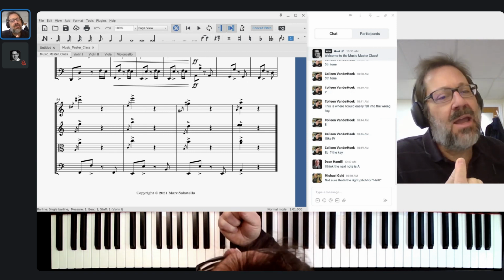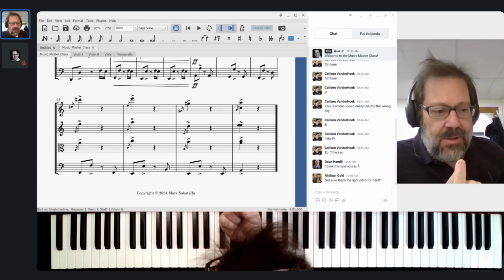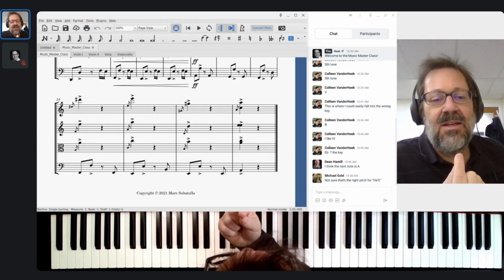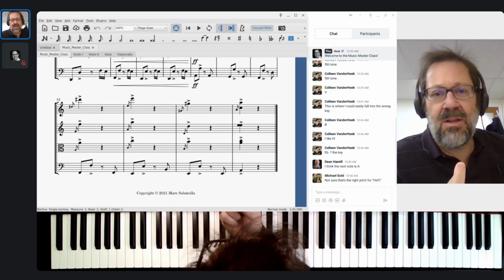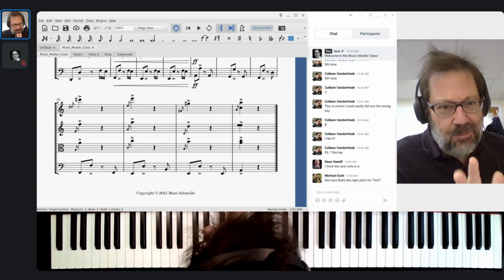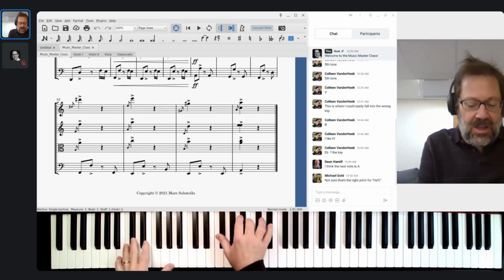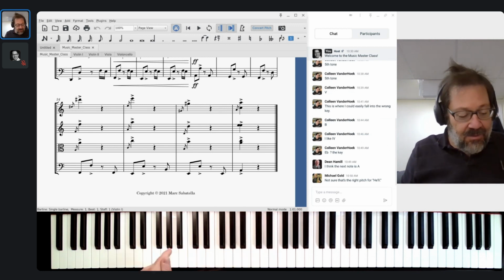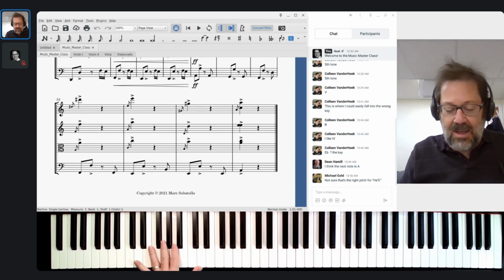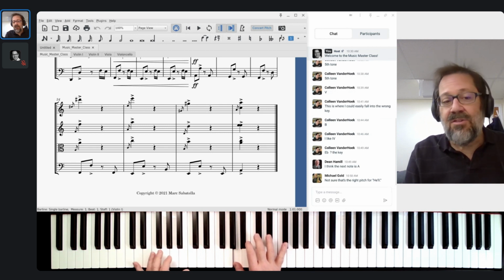In other words, I am pretty darn sure, intellectually speaking, that that second key change in the middle of Winter Wonderland is going to be to the key of D. I don't know this for a fact, but this is what my brain is telling me to expect. And since In the Meadow started on scale degree 5, if it is in fact going to go to the key of the 5, the first melody note is going to be A. It is going to be A, scale degree 5.